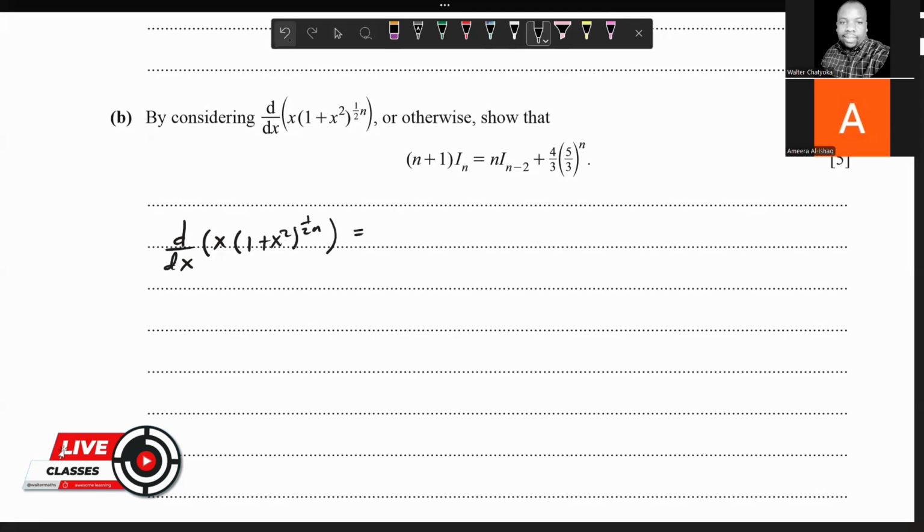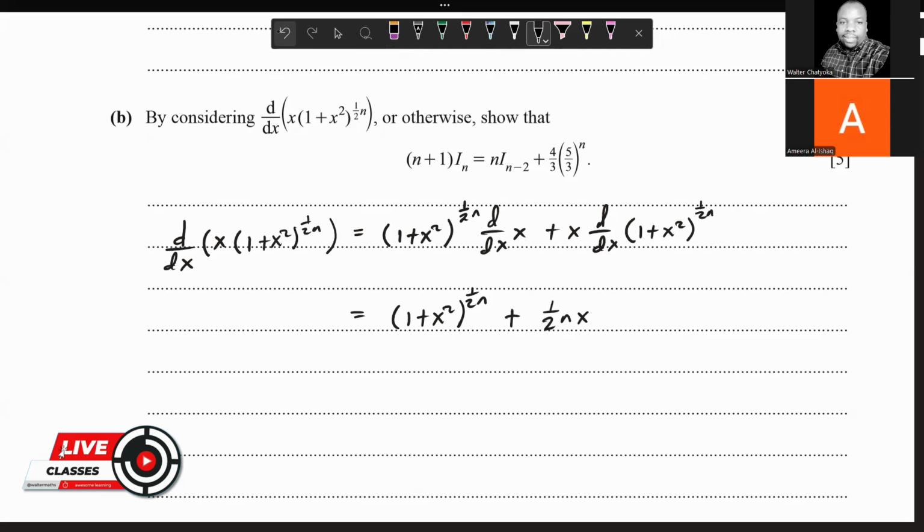And we do the product rule, so it's going to be 1 plus x squared to the half n times the derivative with respect to x of x, plus x times the derivative with respect to x of 1 plus x squared to the power of half n. So when we do the differentiation, we get 1 plus x squared to the half n, and this derivative is 1, like we said, plus half n of x, because we're differentiating this, right?